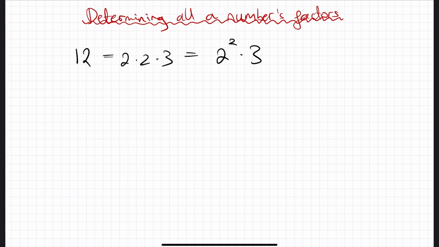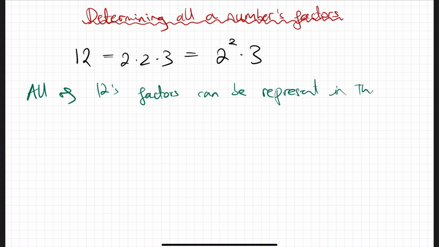Once you have your number in its prime factorisation form, this is where the magic kind of happens. What you need to realise is that all of 12's factors can be represented in this form, where, let's just call this generic factor f, we can write 2 to the power of, and I'm going to put a set up here, this isn't very formal notation, but we've got 2 to the power of 0, 1, or 2, multiplied by 3 to the power of 0 or 1.